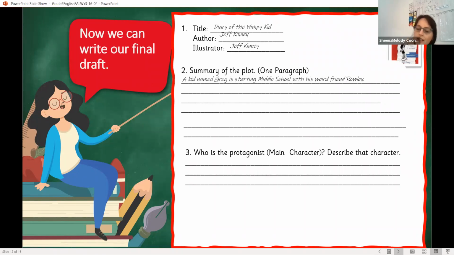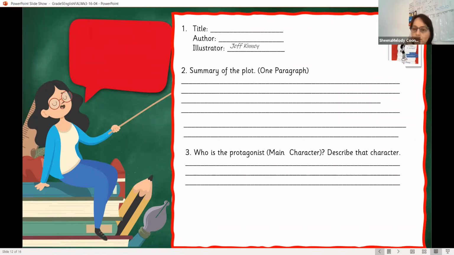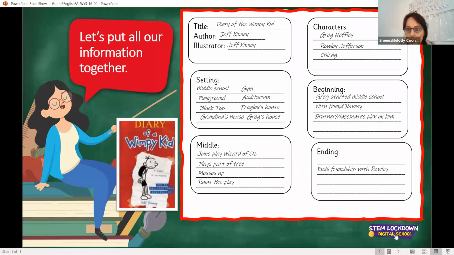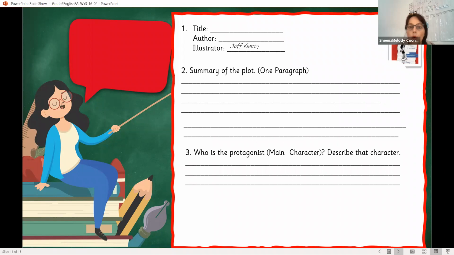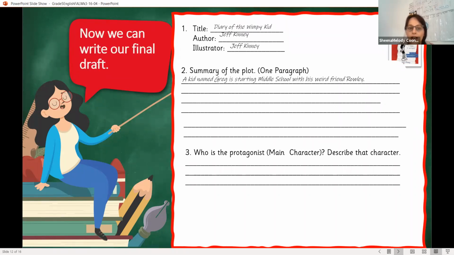Remember in this piece before, do you notice there's no sentences? Now in our final draft, we want sentences. So a kid named Greg is starting middle school with his weird friend Rowley. You can actually write that down. So this is what your first sentence will look like.